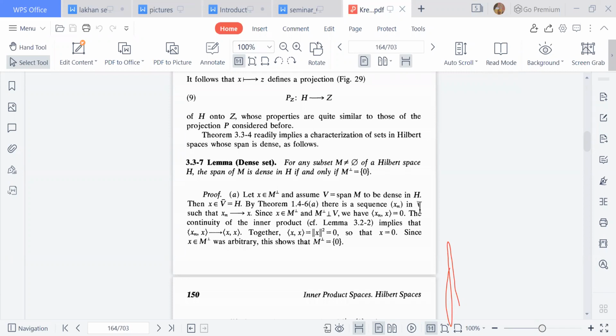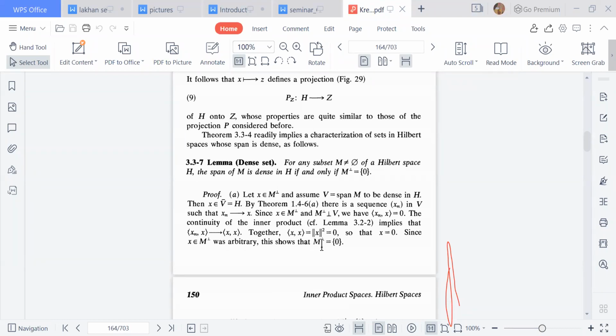Xn is a sequence in V. V is orthogonal to M complement, and X belongs to M complement, so inner product of Xn comma X is equal to 0. The continuity of inner product implies that inner product of Xn comma X converges to inner product of X comma X. This is the theorem that we learned yesterday, on Monday.